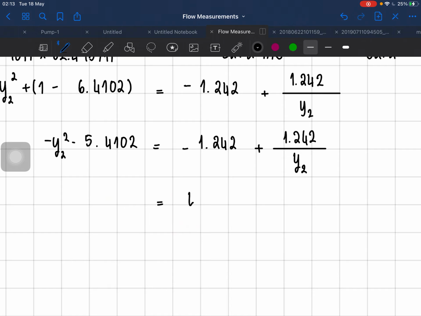So it's 4.1682 plus 1.242 over y2. I keep saying y squared. Okay.